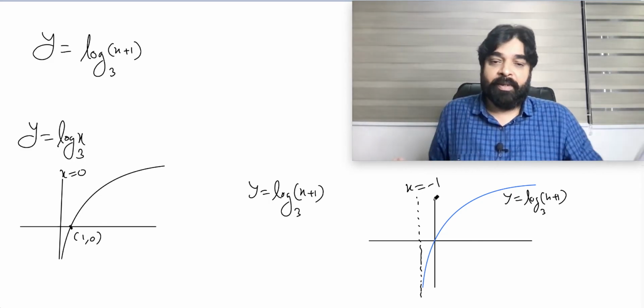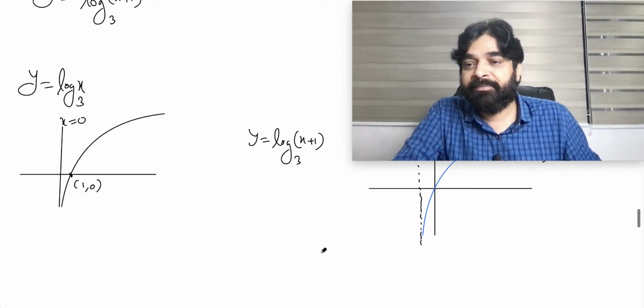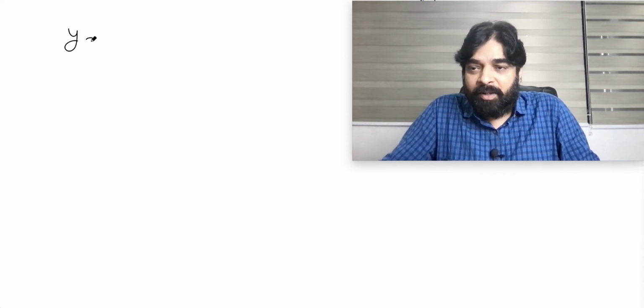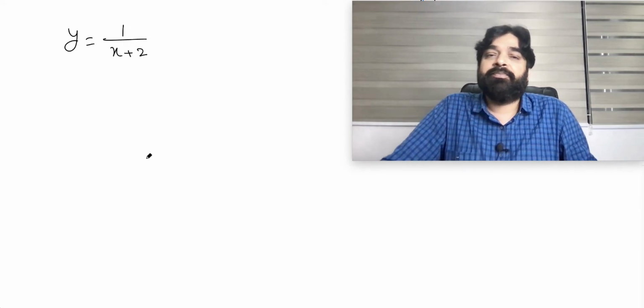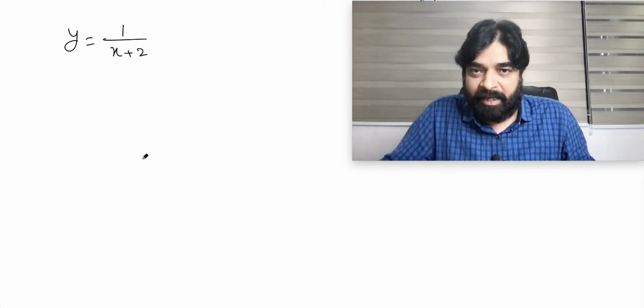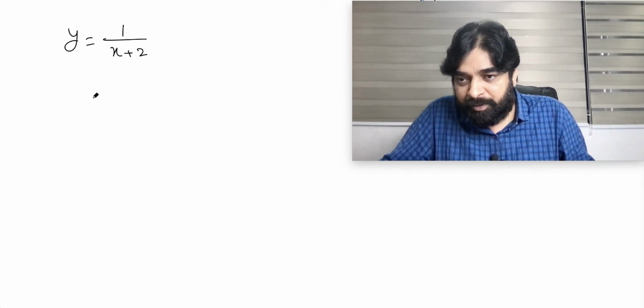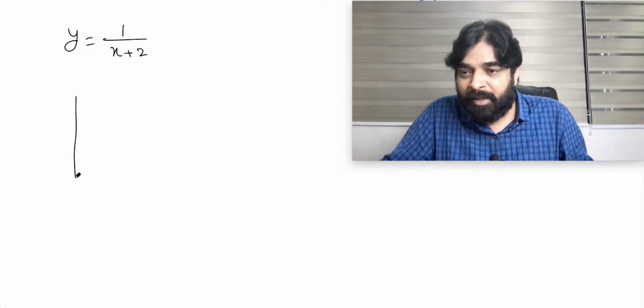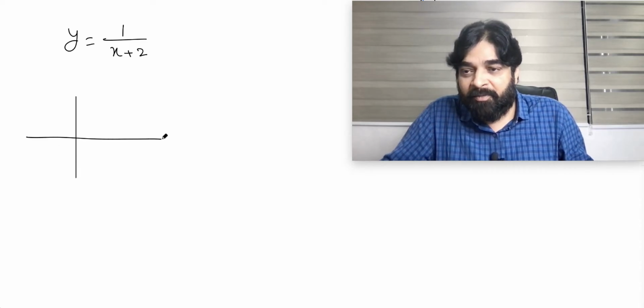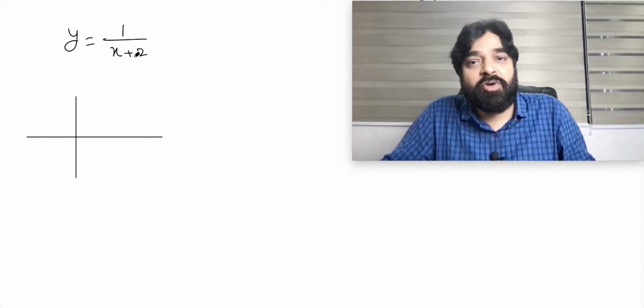Now, let's see some more examples. Suppose I want to draw the graph of y equal to 1 by x plus 2. A slightly beautiful question. First, the basic graph. For that, what will I do? I will remove the constant.